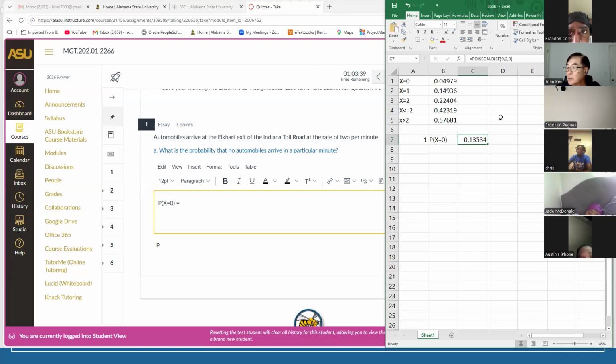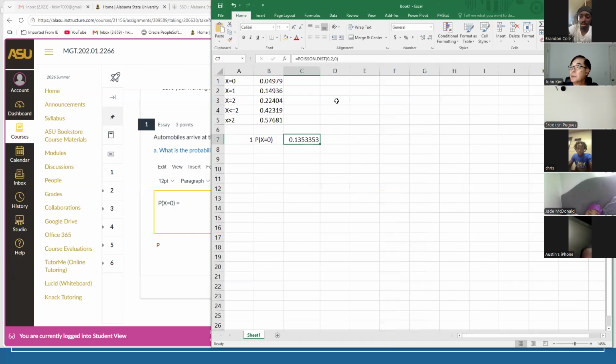Yeah, I think it's right. So it is depending on the decimal point. Using less decimal point, like 4 decimal point, then looks like this.